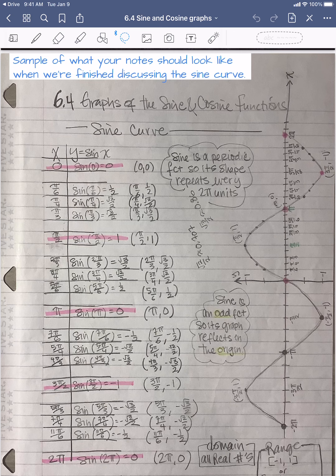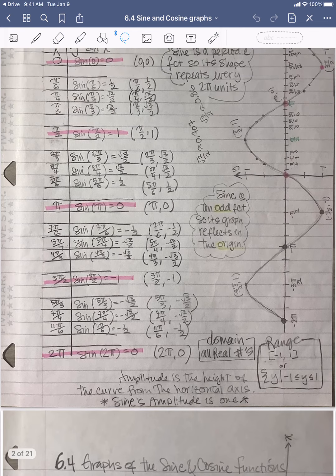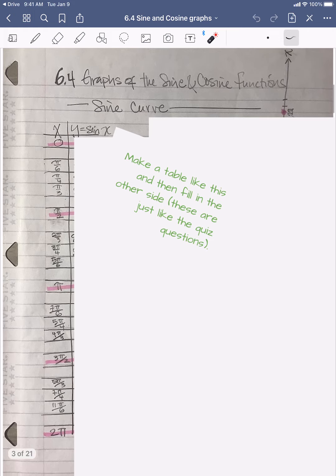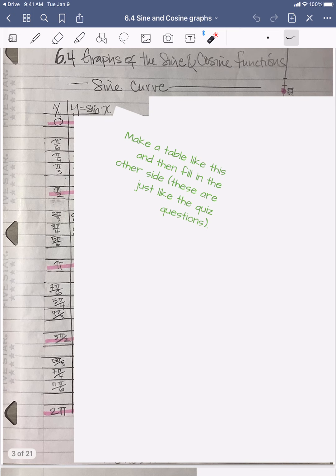I highlighted the ones that we'll use for our parent table, but I put all of these special angles in my table for understanding why it takes on the wave that it takes on. And these are gaps here.